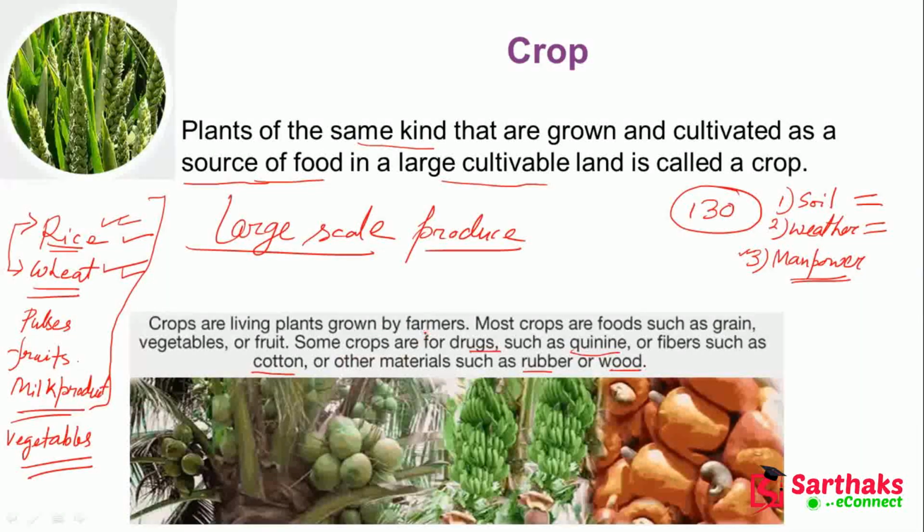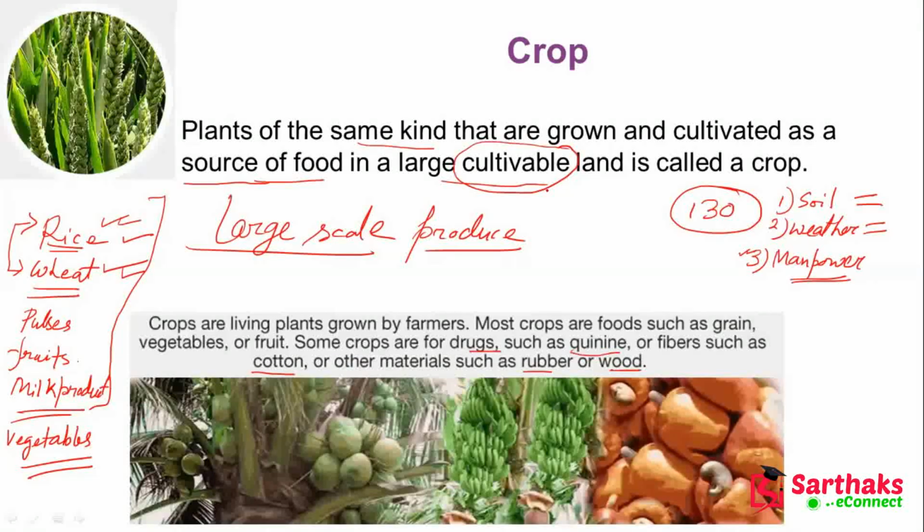And cultivation, this term will appear whenever you are growing that particular pulses or particular rice or wheat in a large scale, right? So what is crop? Plants of the same kind that are grown and cultivated as a source of food in a large cultivable land is called a crop.